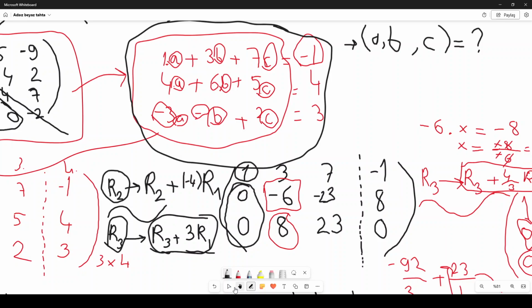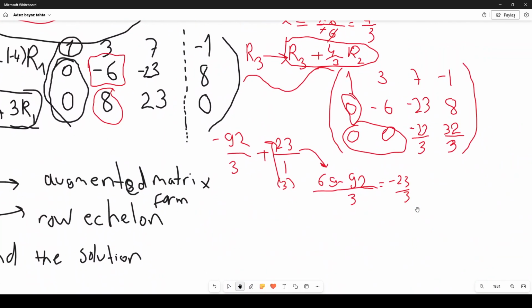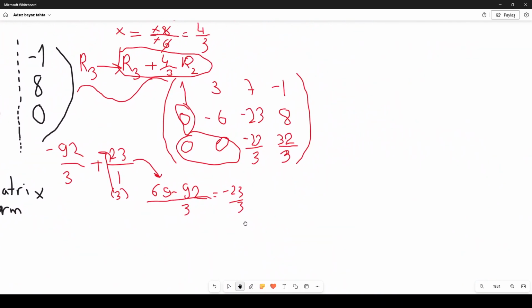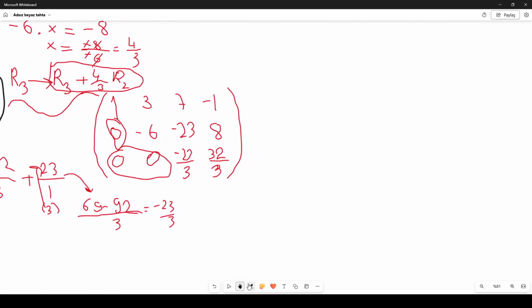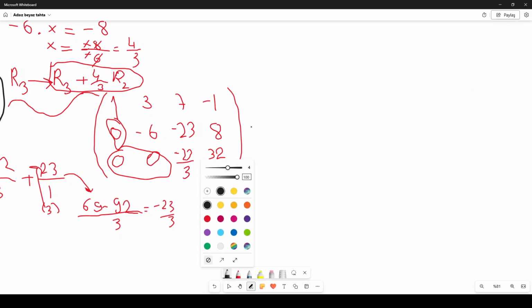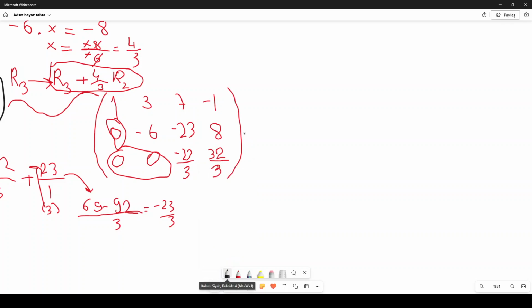Okay, now we got our row echelon form. Then what we need to do is use the back substitution method, right? We start at the last row. This is the reason why we separate the coefficient part from the right hand side.